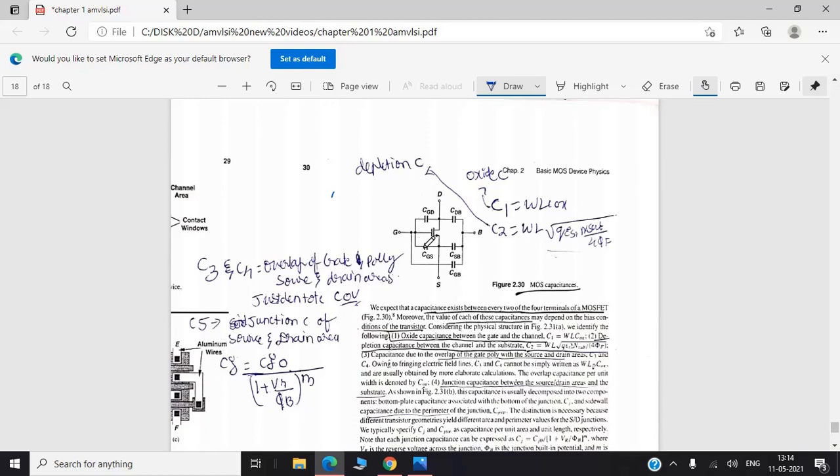Capacitor between the gate and the source. This is the capacitor between the substrate and the source. This is the capacitor between the gate and the drain. This is the capacitor between the drain and the substrate B. And this one is between the gate and the substrate B. So these are the capacitors.